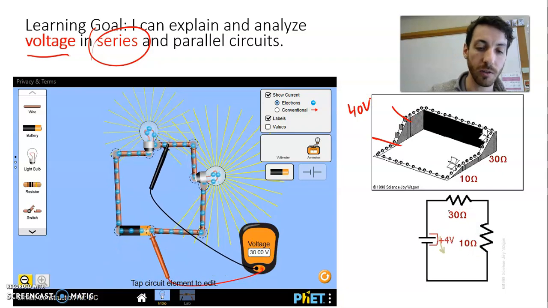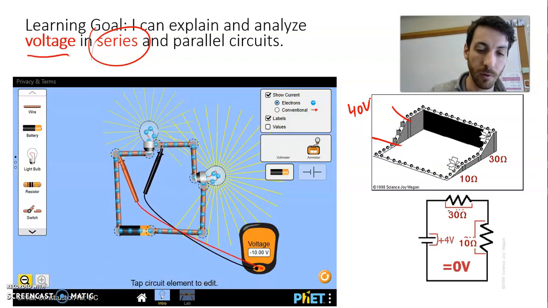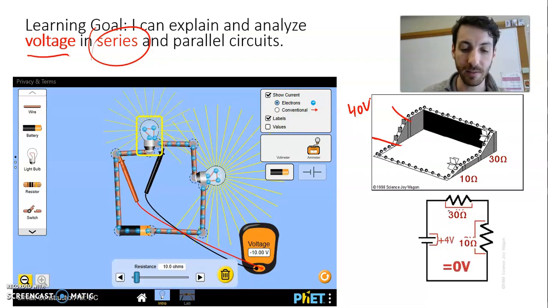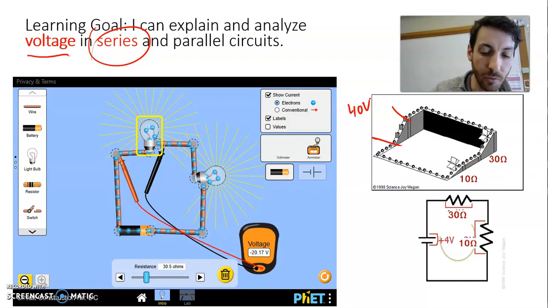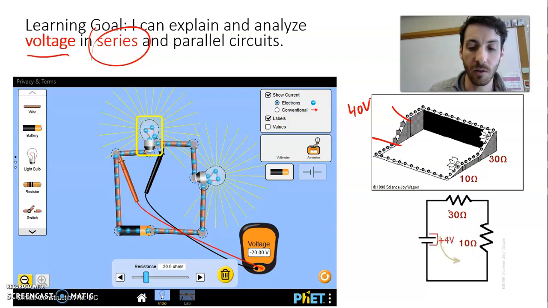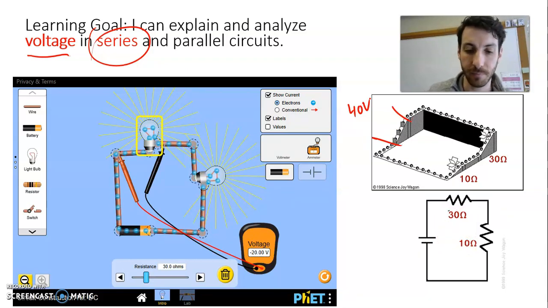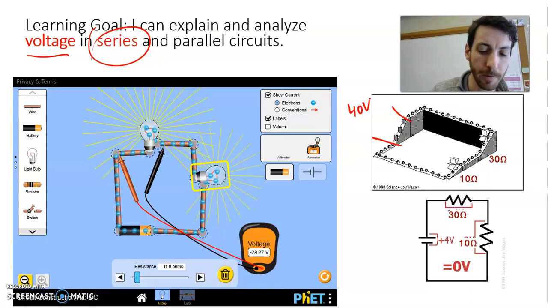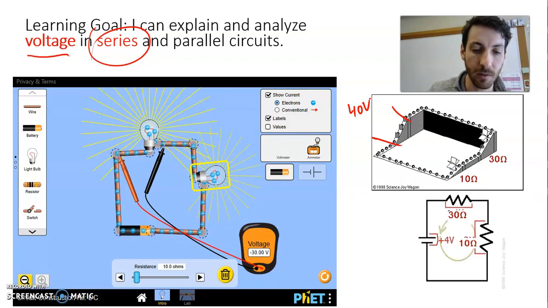We're going to go across our first light bulb, and we notice this light bulb has a 10 ohm resistance. So let's actually change that to a 30 ohm resistance, just to match the schematics here.